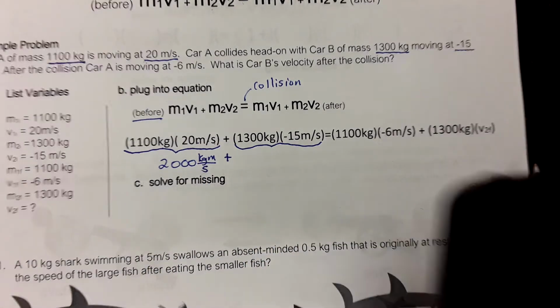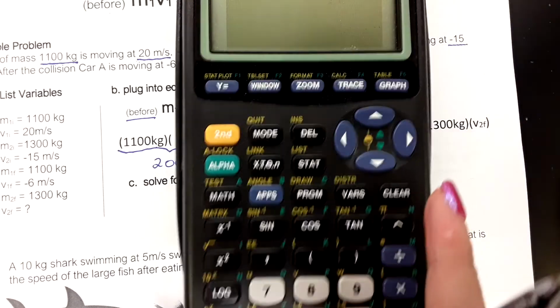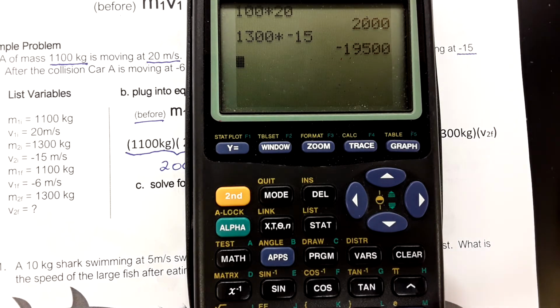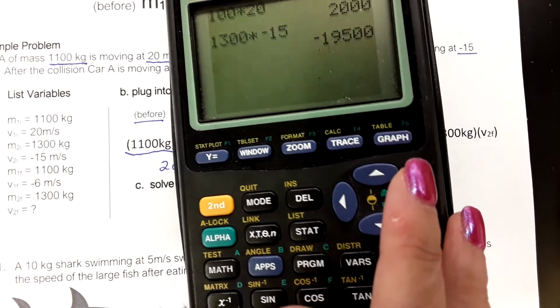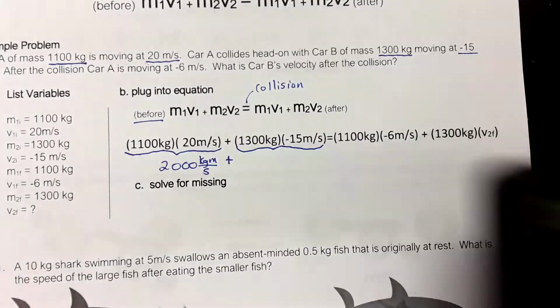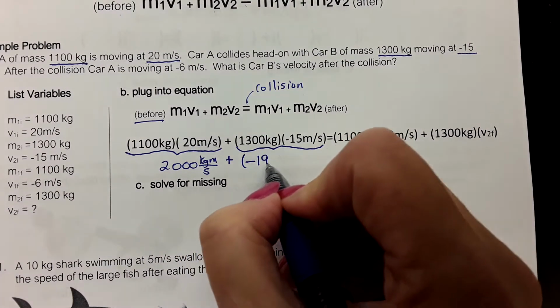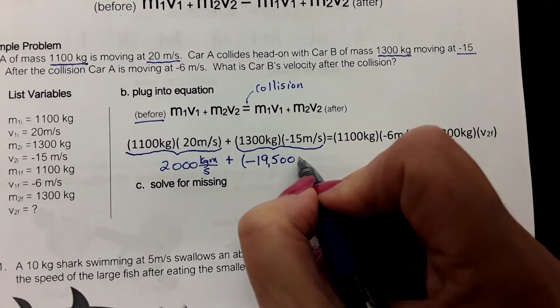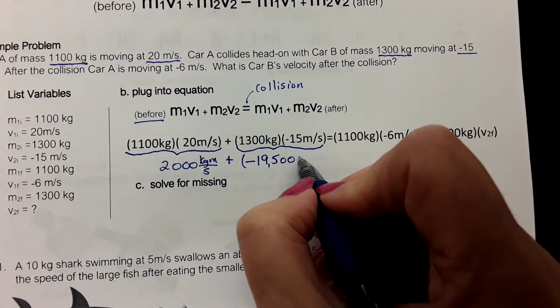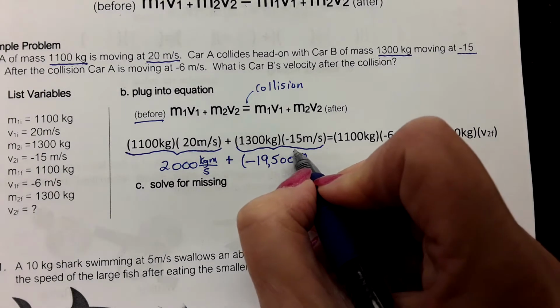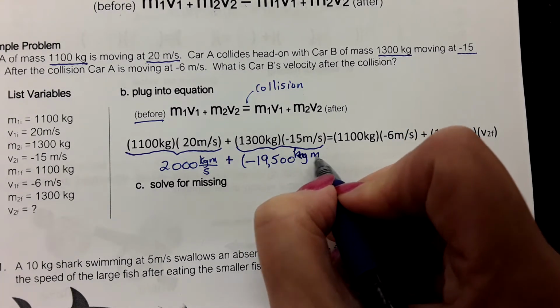Now, the next one, 1,300 times negative 15, and we get negative 19,500 kilogram meter per second.